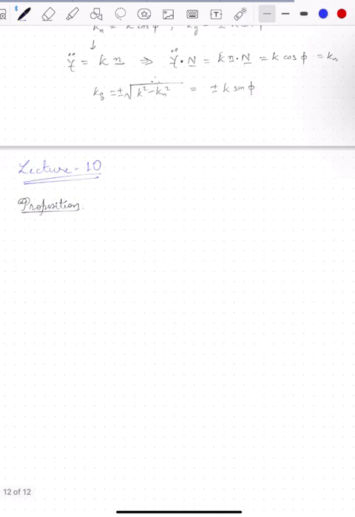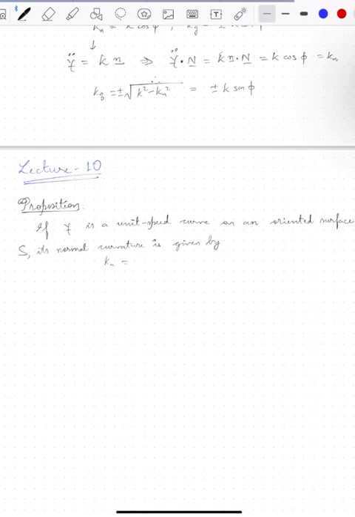It states that if gamma is a unit speed curve on an oriented surface, its normal curvature is given by kappa n equal to the symmetric bilinear form defined by the second fundamental form.